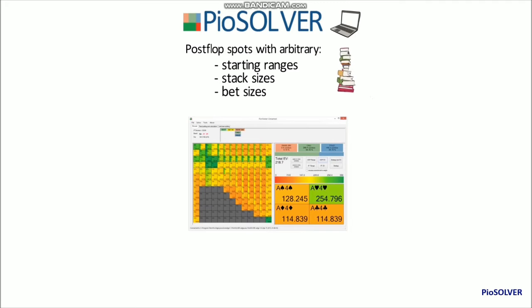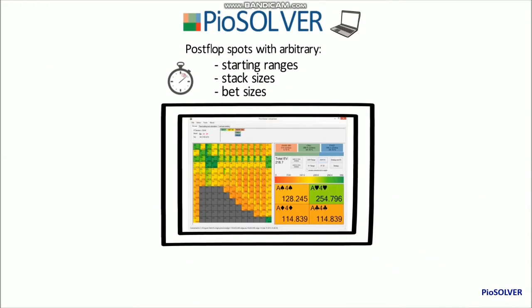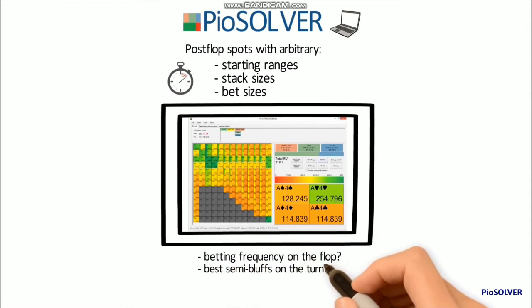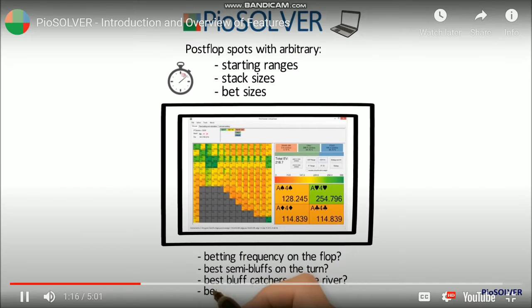In fact, whole books were written trying to approximate answers, which PioSolver can nail down in just minutes. What should be the betting frequency on the flop? What hands are the best semi-bluffs on the turn? What hands are the best bluff catchers on the river? Which c-bet size is the best to use on the flop?